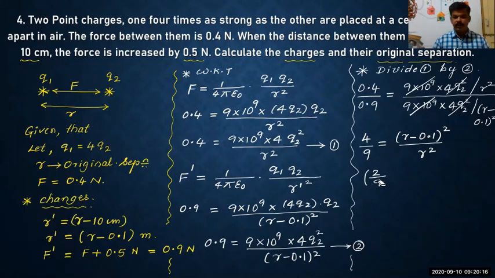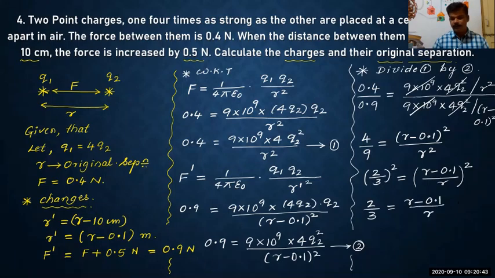So that modification can be made, and the whole square can be taken there, and here also it is r minus 0.1 divided by r whole square. Now remove the squares from both sides, or take the root on both sides, then it simplifies to 2 by 3 is equal to r minus 0.1 divided by r.